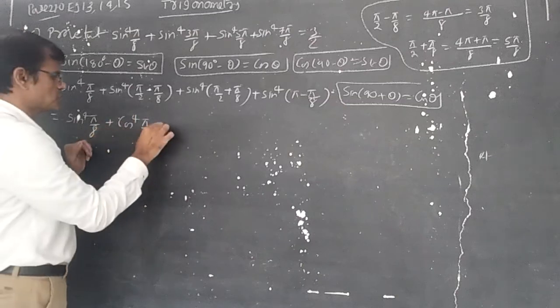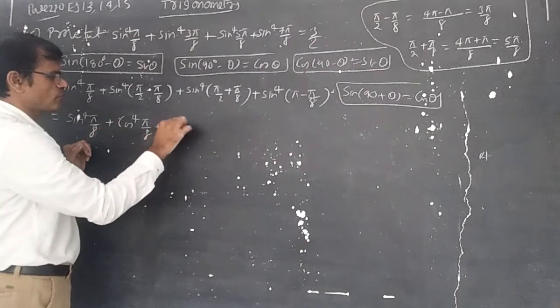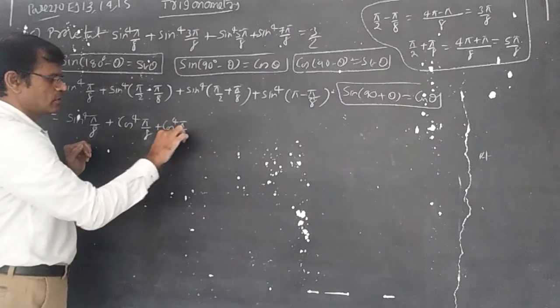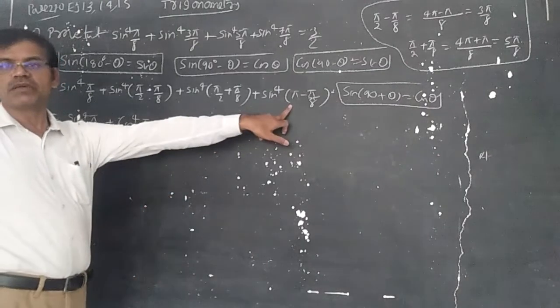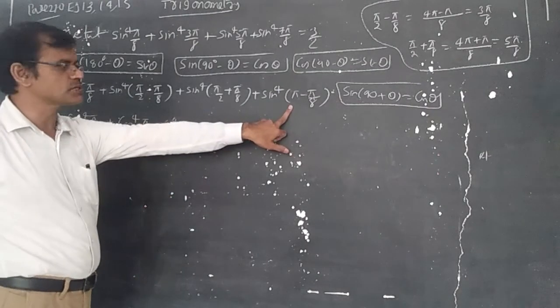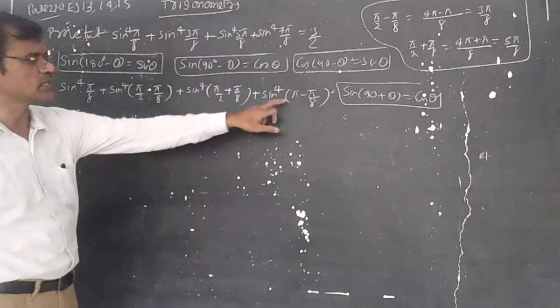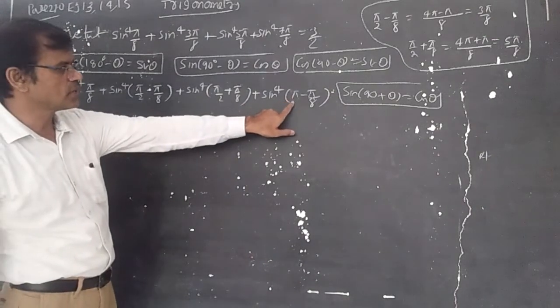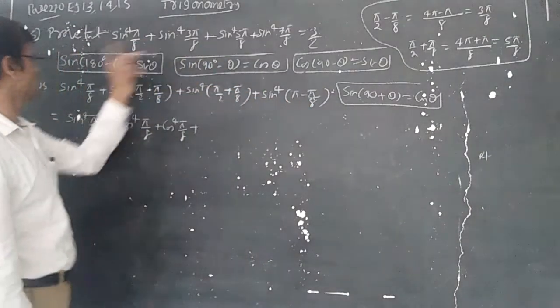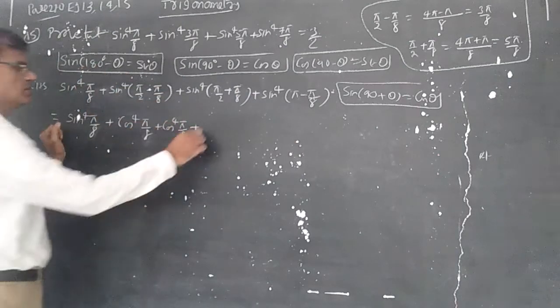Now you can write this one as cos power 4 pi by 8, plus, pi itself is 180 degrees, pi by 2 means 90 degrees. That is why pi minus pi by 8 becomes sin 180 minus theta, which of course is sin theta.